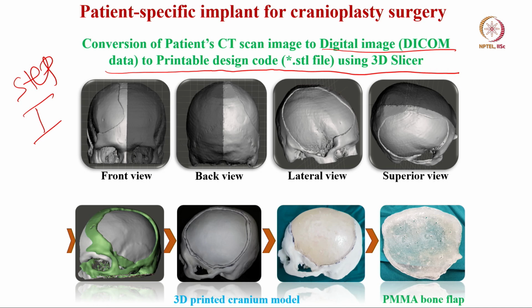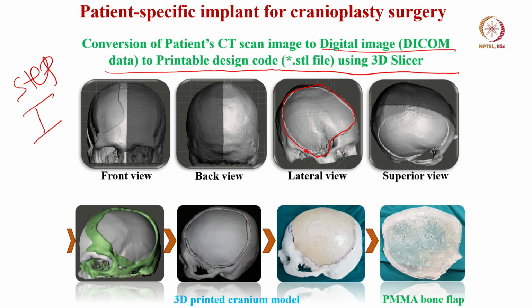The second thing, which I reiterate, is the thickness of the bone flap, and as mentioned a few slides back, the human skull in many patients is not perfectly symmetric. That adds additional challenges in the design.